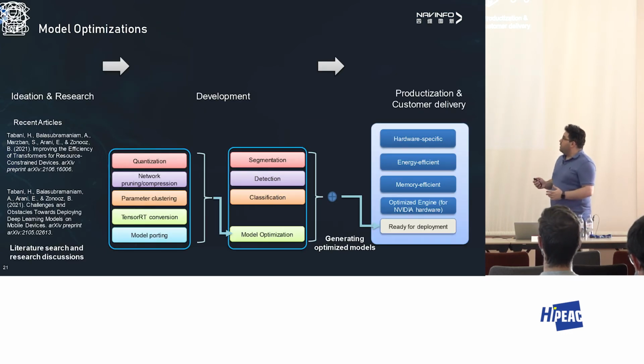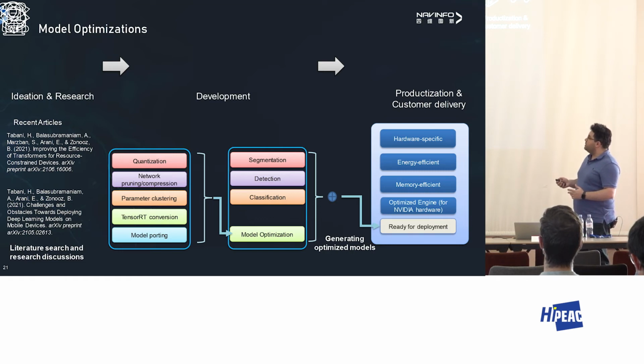So let's start from here. We again are in the research and idea environment, and then we come to the development. Once we have everything, we want to productize and also deliver it to the customer.